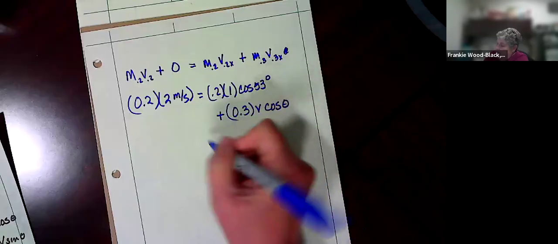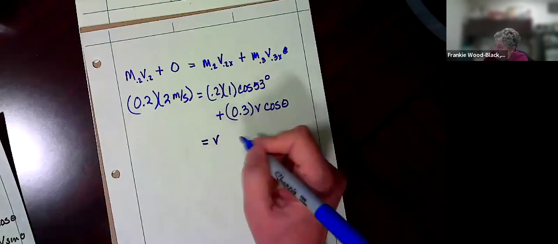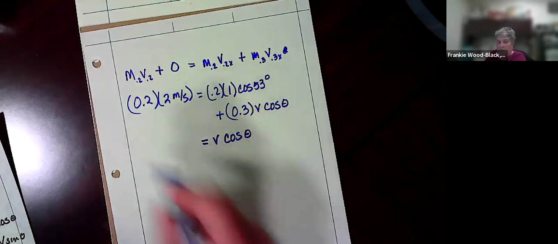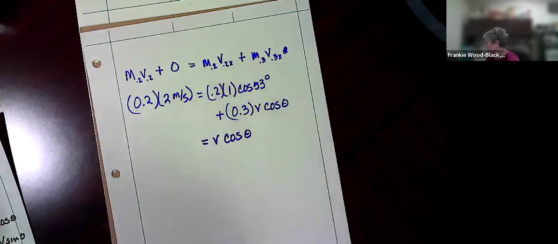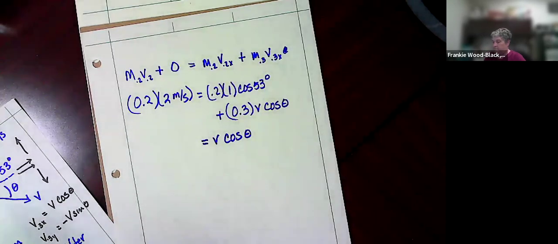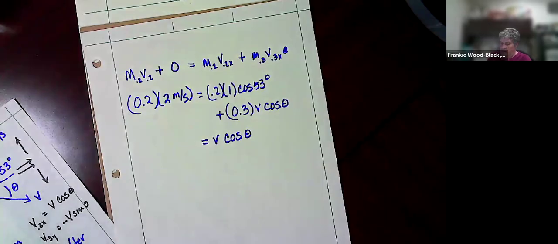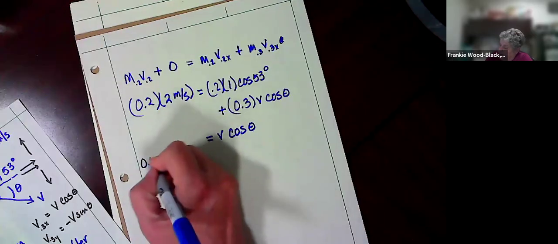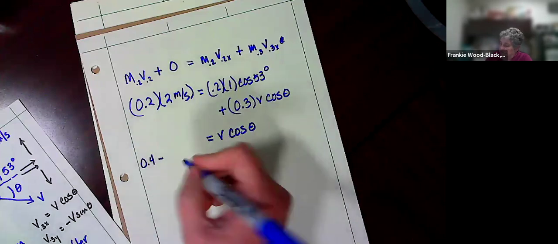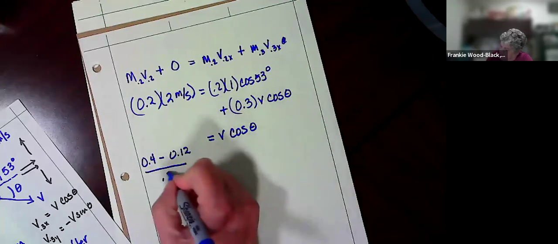I'm going to solve for v cosine of our angle here. That's 0.2 times 2, which is 0.4, minus 0.12, divided by 0.3.